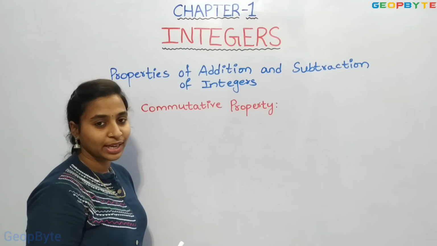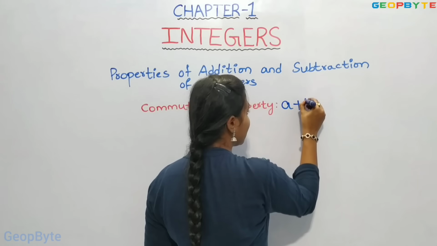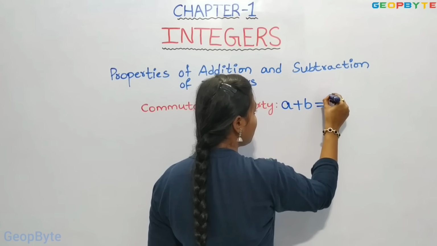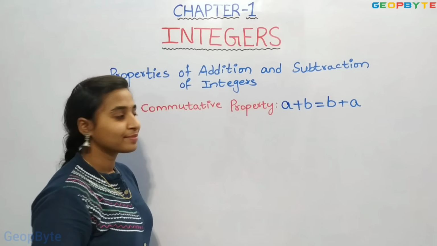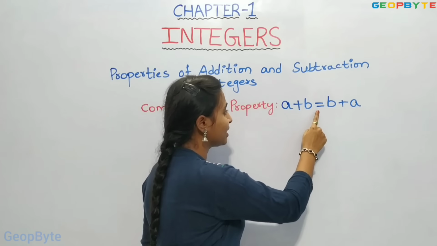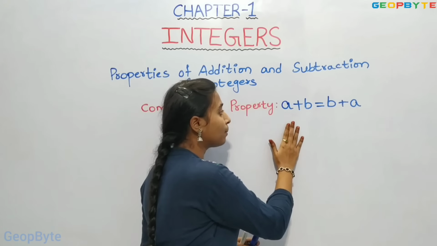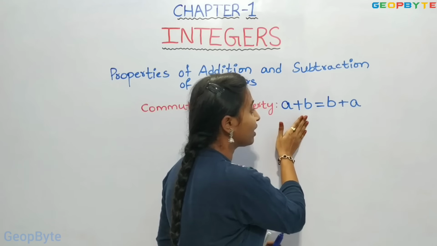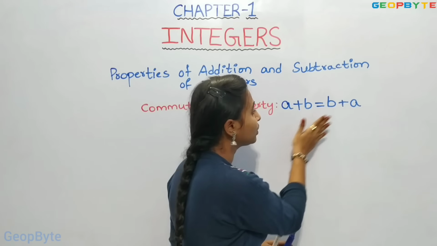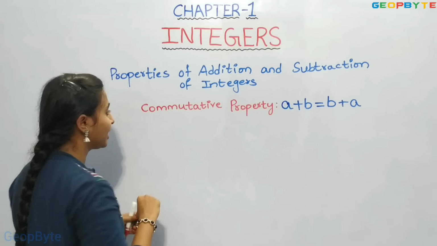In this property, we have A plus B is equal to B plus A. That is, whatever the numbers we have on the left hand side should be equal to the right hand side. Let us see with examples later.